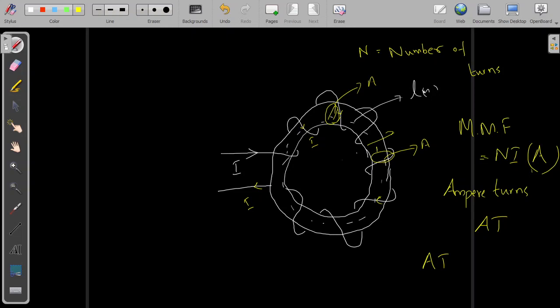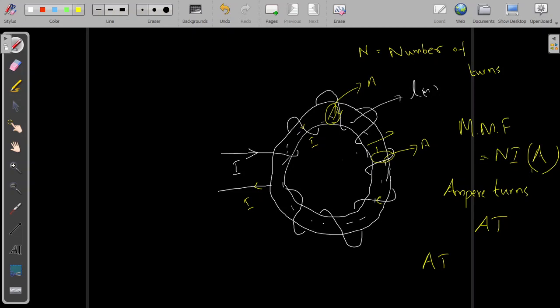That is what we mean by uniform cross-sectional area. Even though in the picture it is not like that, we are assuming the toroid has uniform cross-sectional area.